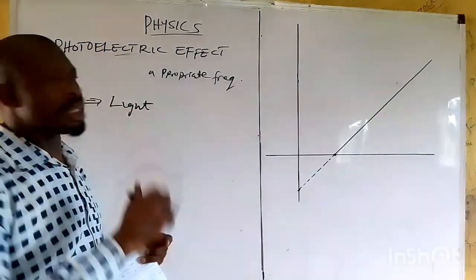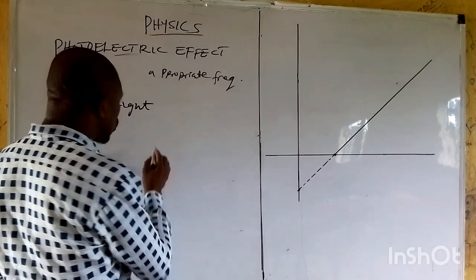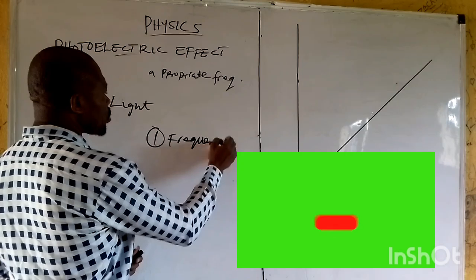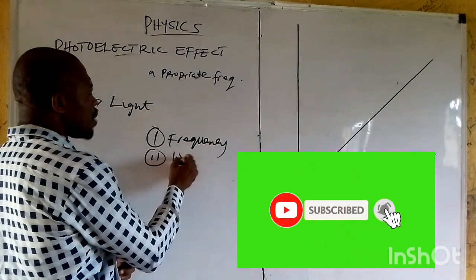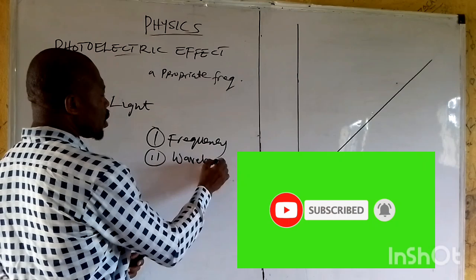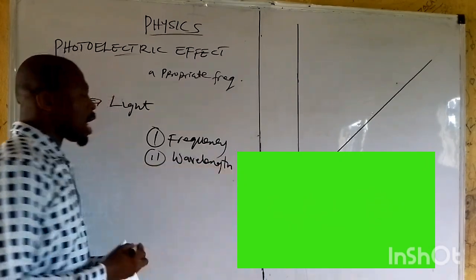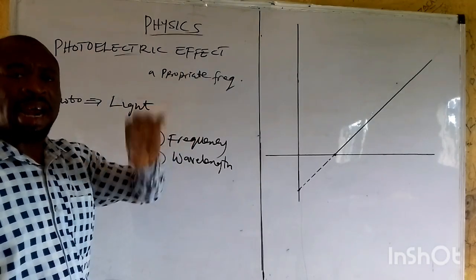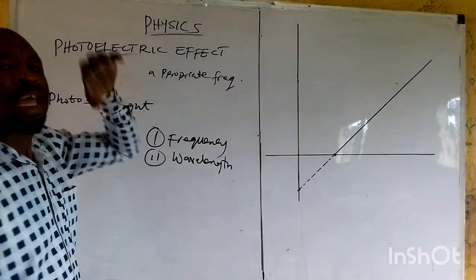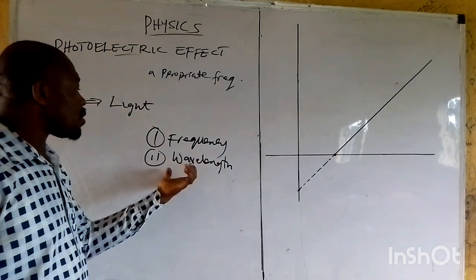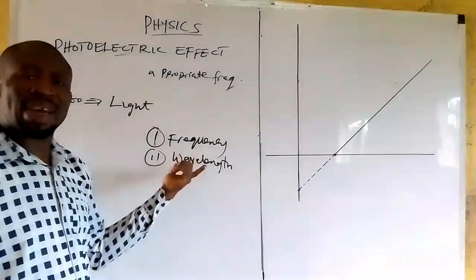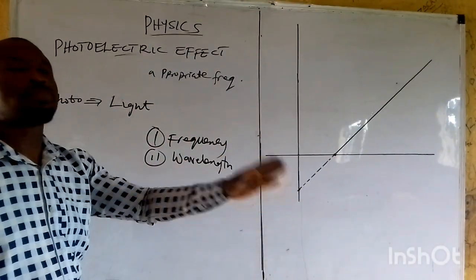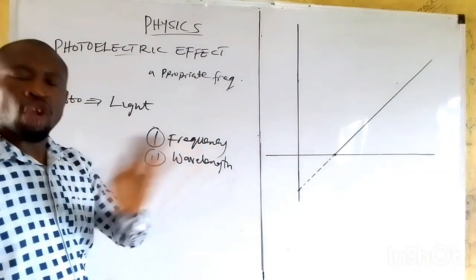Now, there are two things I want us to notice here. There must be frequency, and the second one, there must be wavelengths. If the wavelength of that incident radiation, that solar radiation, is too long, even if the intensity is from morning till night, nothing will happen.